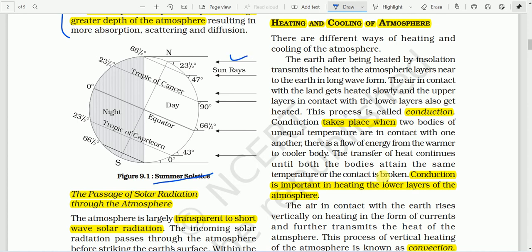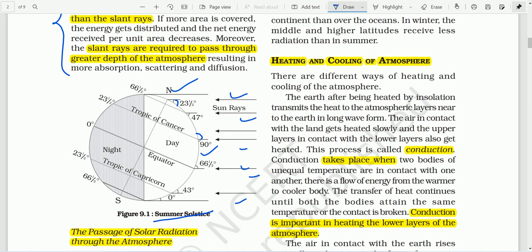These are the sun's rays, and here the angle of inclination is 90 degrees, and as you move away towards the pole it is less than 90 degrees. That is why the amount of insolation is less there as compared to the tropical regions.